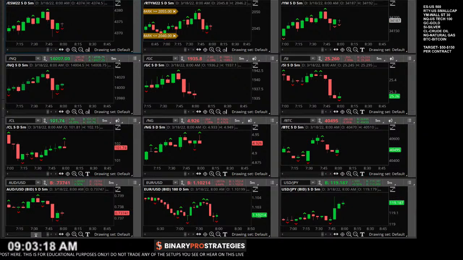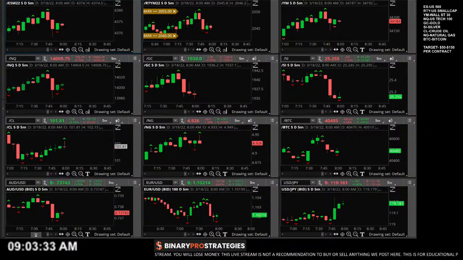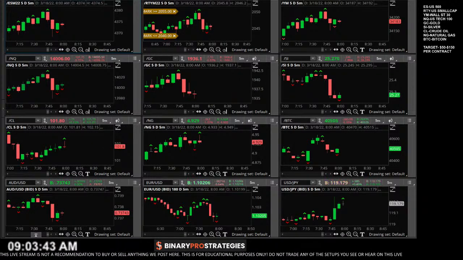All right, so I am going to get a 77 short on a core setup on the Aussie US. We do look for it to close below 77. These trades only last 5 minutes. We're trading a 5-minute binary.